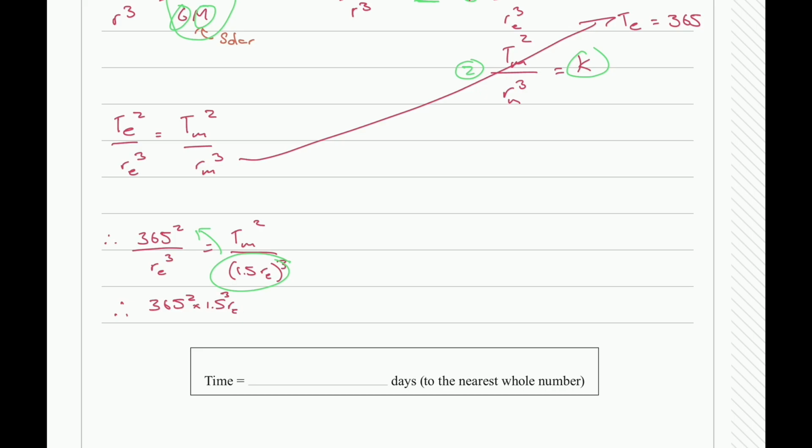Say we've got 1.5 cubed and RE cubed all over, again, RE cubed. We see RE on the bottom and we've got RE there, so we can cancel it out. Our next step over here would be 365 squared. And sorry, I forgot to put the TM, what we had left over, squared, multiplied by 1.5 cubed. Should be a decimal there. And we can move our square over. We get the square root is equal to T. And then we've got something nice that we can just punch into our calculator.